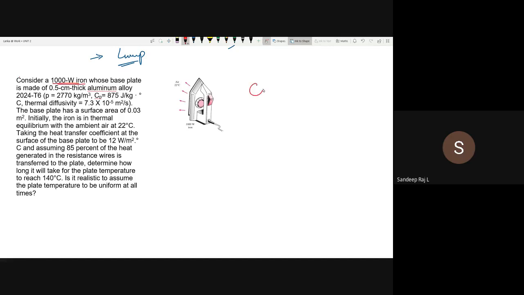So what you can do is Q is 1000 watt. That is what is given first, and the thickness is given. Thickness is 0.5 centimeters, and aluminum, its properties. This is not P, this is rho, density, kg per metre cube. This is alpha. All the things are given. Rho is given. Cp is given.